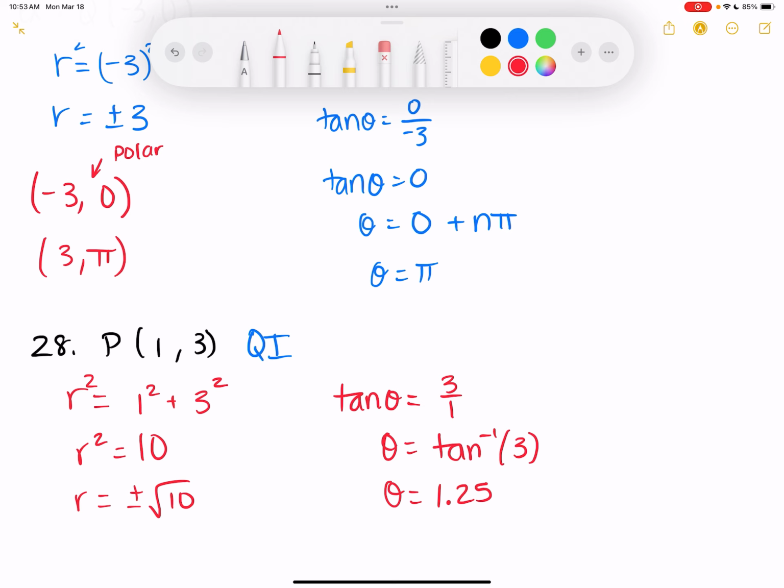It's going to be easier to think about these in degree mode, since that's not a number that we just know where that is. Just for us to visualize what that is, let's convert it to degrees. So 1.25 times 180 over pi.